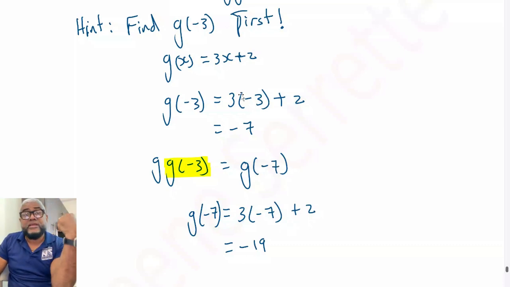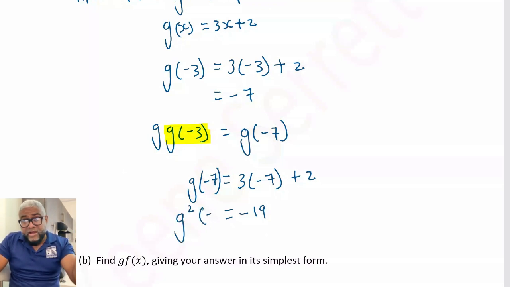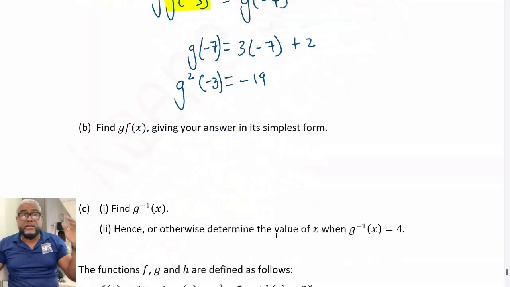You put it in, you work it out, you will get negative 19. So the initial thing they asked us to find was g squared of negative 3, which is g of g of negative 3. Worked it out, we got negative 19. Is everybody clear here?